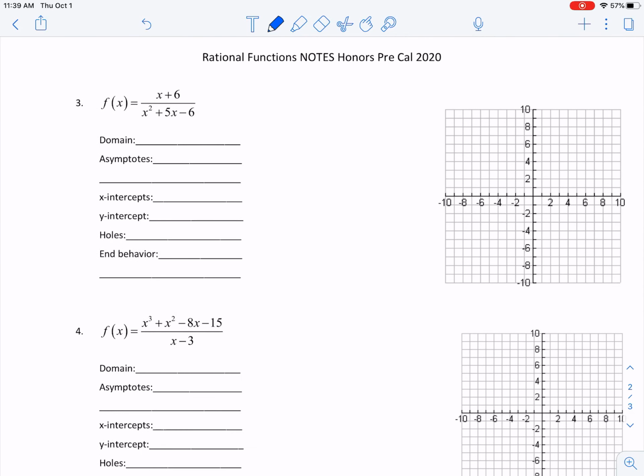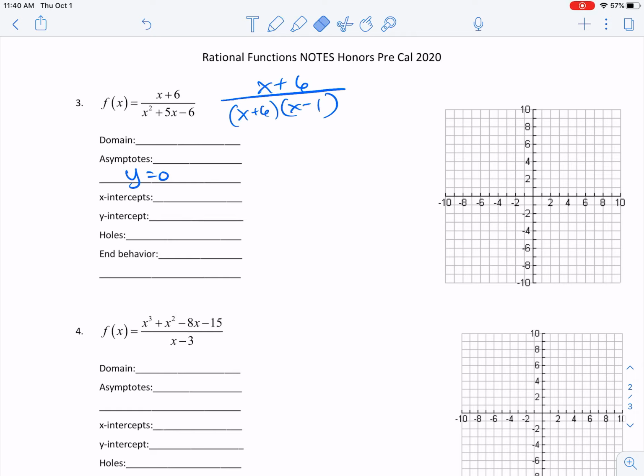Okay, this one. It's top heavy, because this is one that's squared. So your asymptote here is y equals 0, unless there's a hole, so we better check for that first. We need a negative 6 and a positive 5, so that must be x plus 6 and x minus 1.